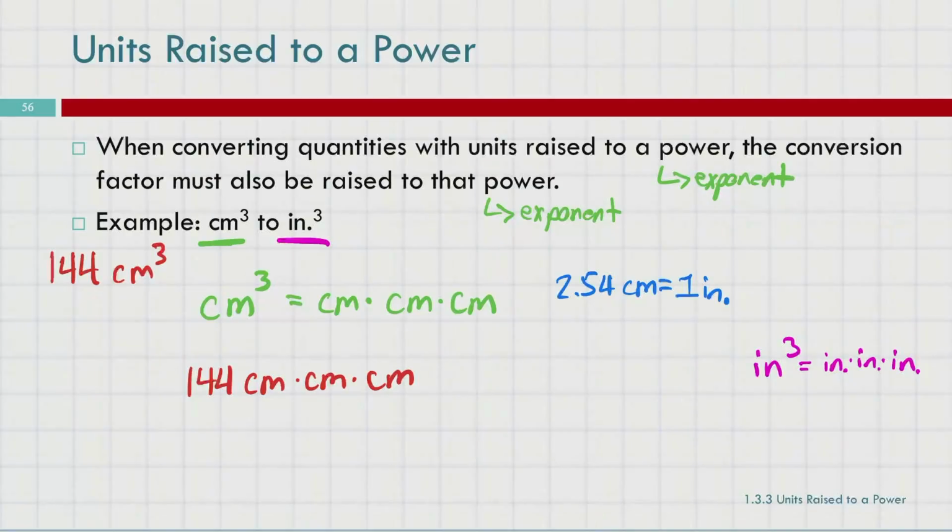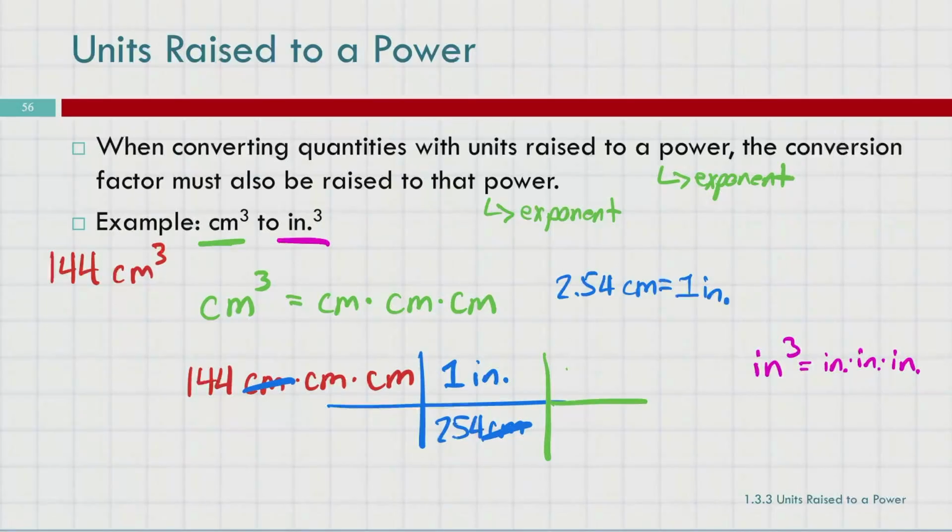So we'll apply it the first time, 1 inch over 2.54 centimeters. That's going to cancel out our first centimeters, or our middle one, or our last one, it doesn't really matter. And then we'll do it again.